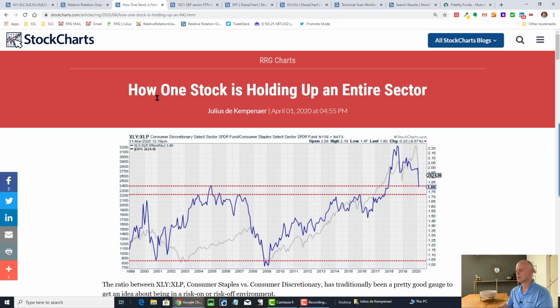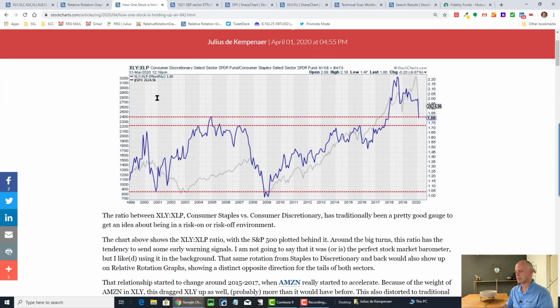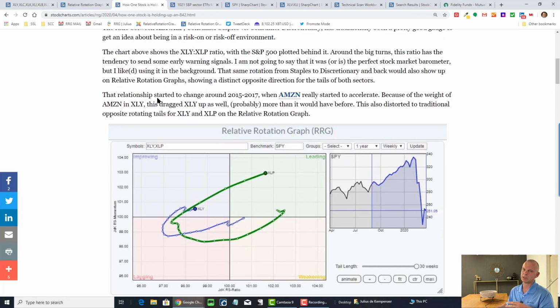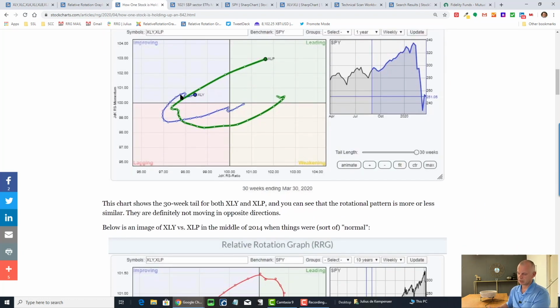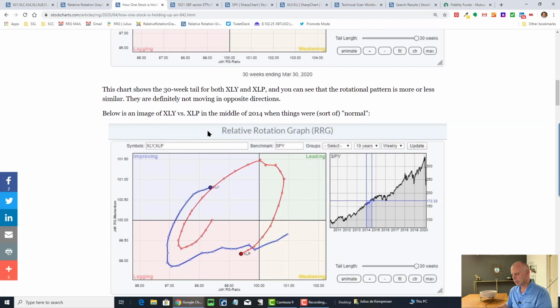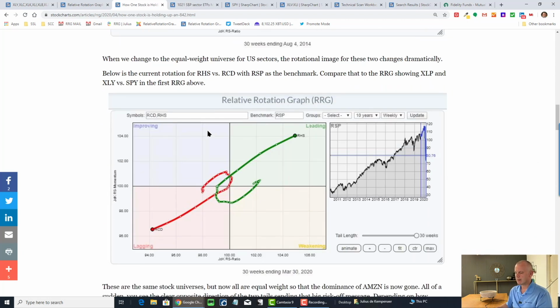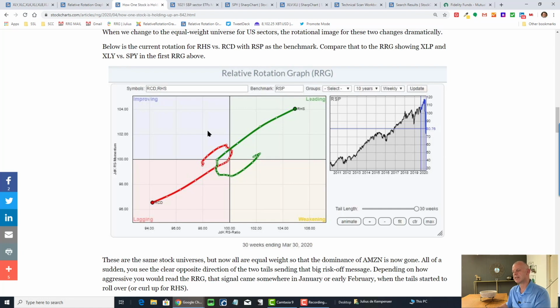And this article goes into how that one stock is actually holding up an entire sector, and questions whether it might be a better idea to not use XLP, XLY as the gauge, which you see here are moving in the same directions, but the equal weight variants, which are RCD and RHS, the Invesco equal weight sectors.